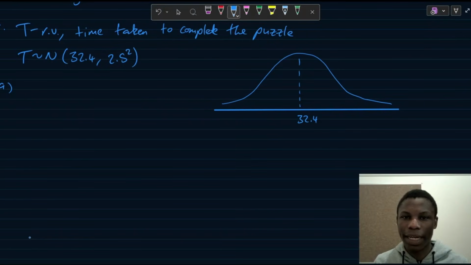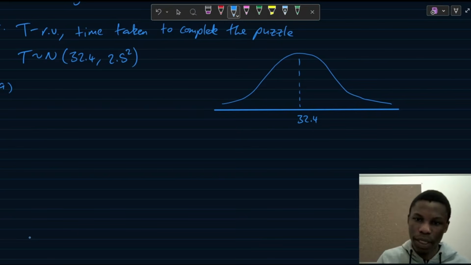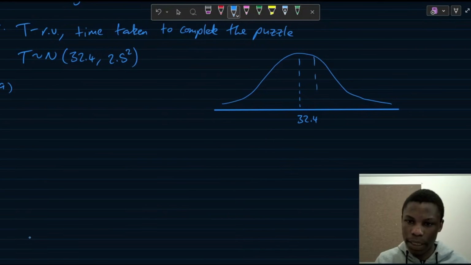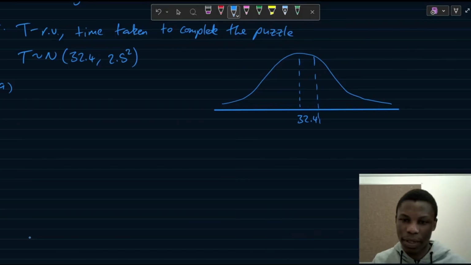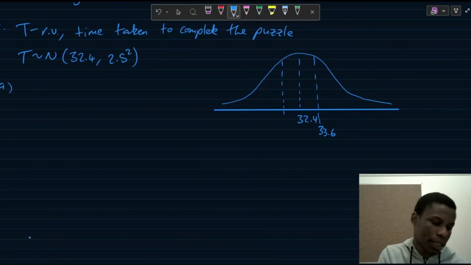So that can mean either 32.4 plus 1.2, which would be maybe somewhere here. This would be 32.4 plus 1.2, so 33.6, or the other way, which is 32.4 minus the 1.2.